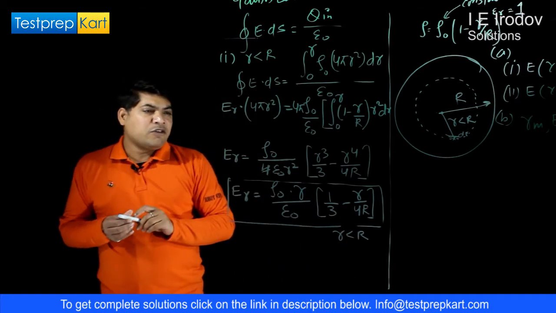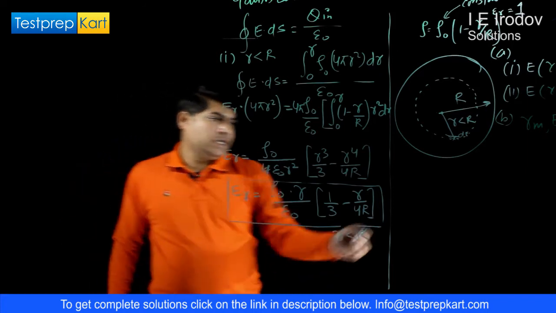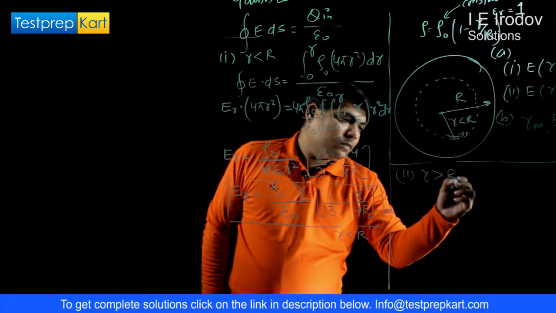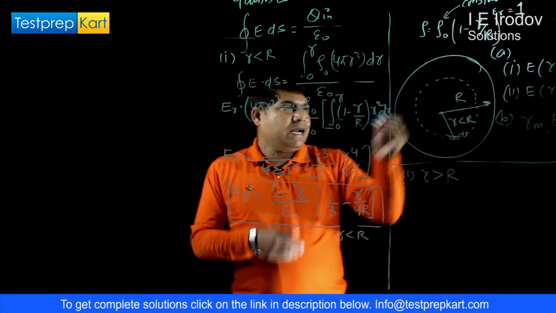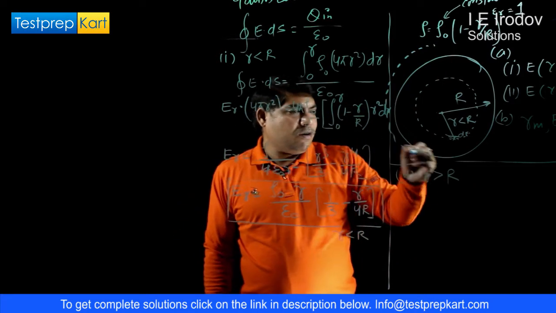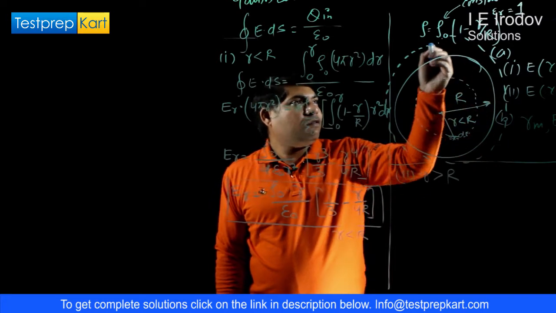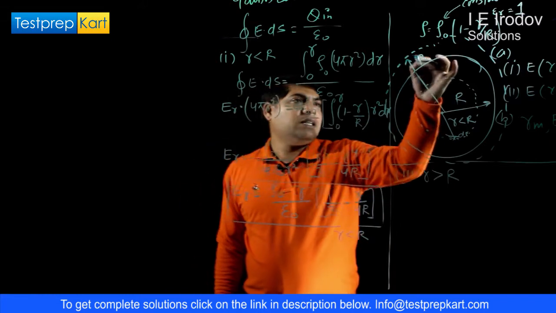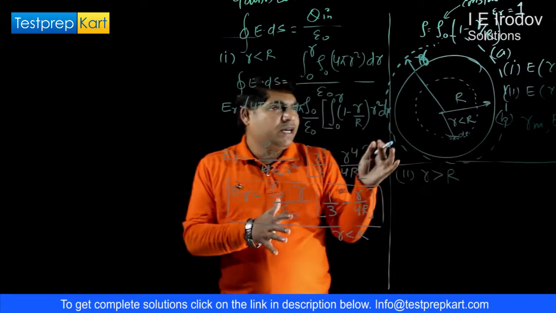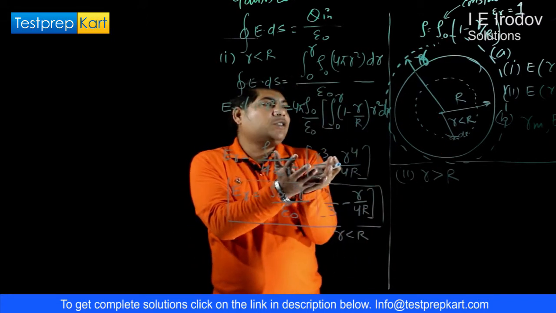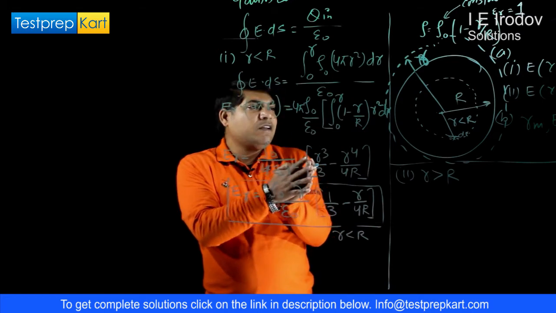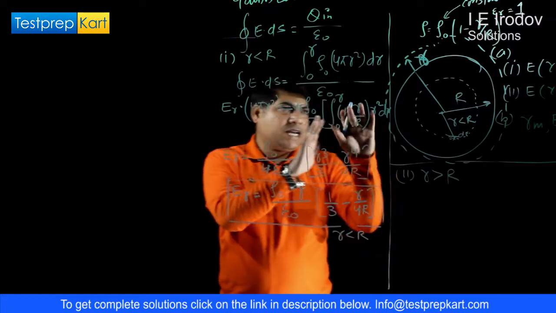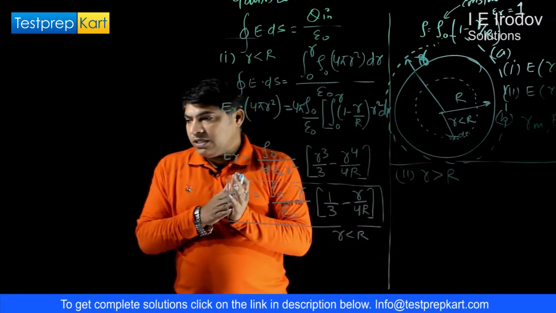Now we'll assume the second case, when r is greater than R. If you draw a Gaussian surface outside of this sphere at any distance r, we can see that the entire sphere is covered within that Gaussian surface. So ultimately we have to calculate the total charge of this sphere as the charge enclosed by the Gaussian surface.